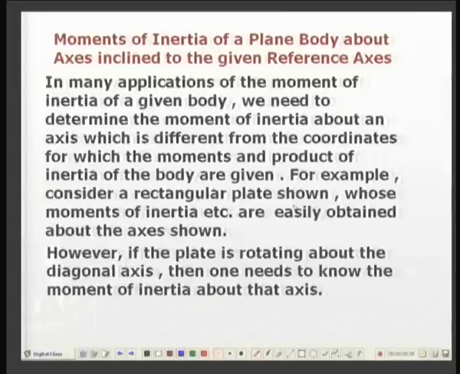Now let us go to another aspect of moment of inertia. In the previous case, the two axes x y z and x dash y dash z dash were obtained by translation. There was no rotation involved. That is, x axis was translated parallel to itself to the new position x dash axis, y axis was translated without rotation to y dash axis, and so on.